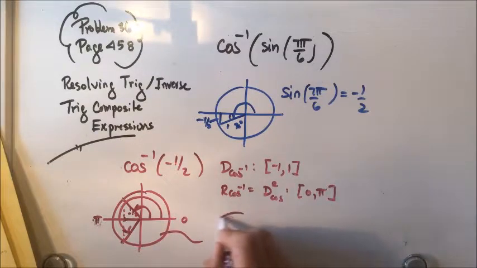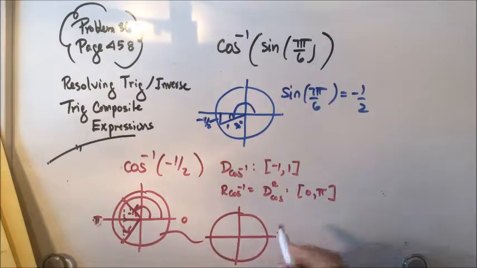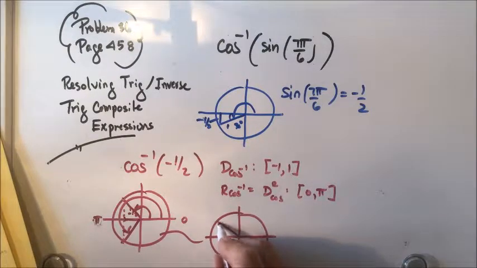I've made a mess here, so I'm going to clean it up a little bit. Turns out this is a 3 unit circle problem. So there's the angle that I'm working with. It produces a minus 1/2.